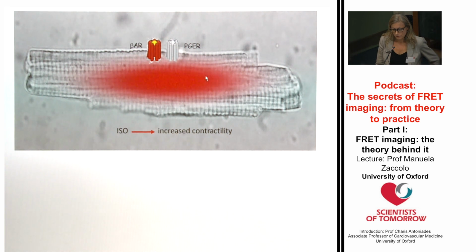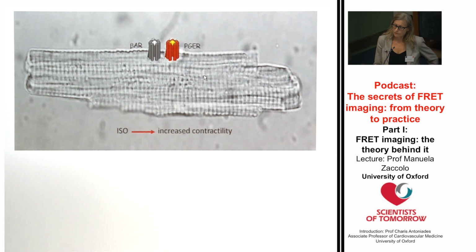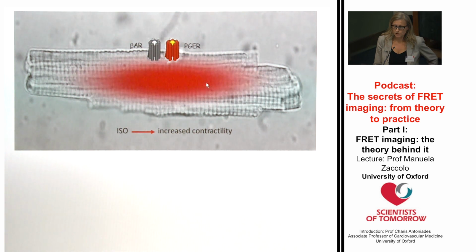But if in the same cell you activate the prostaglandin receptor to an extent that generates a similar amount of cyclic AMP, this has no effect at all on contractility. And this observation of the hormonal specificity of the cyclic AMP response has remained really an open question in the pharmacology of the heart for many, many years.